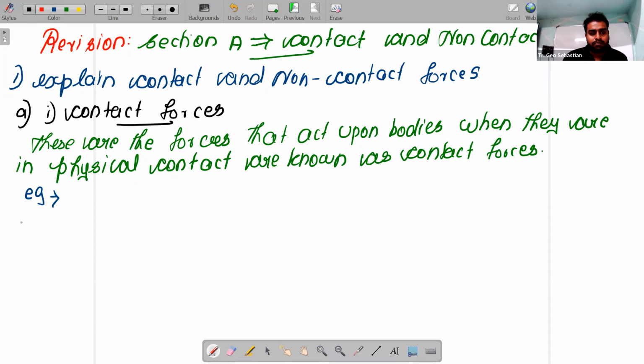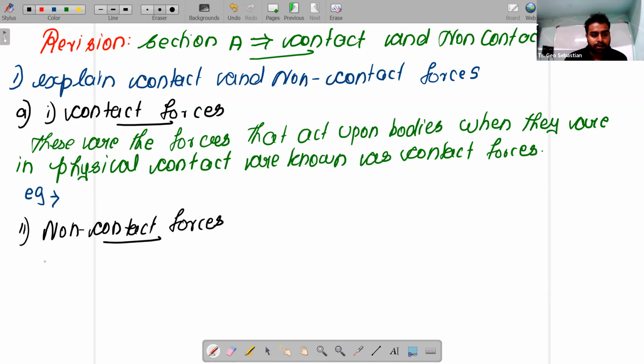Now, the second statement we'll do. The second one is non-contact forces. What do you mean by non-contact forces? Any idea, children? Yes.